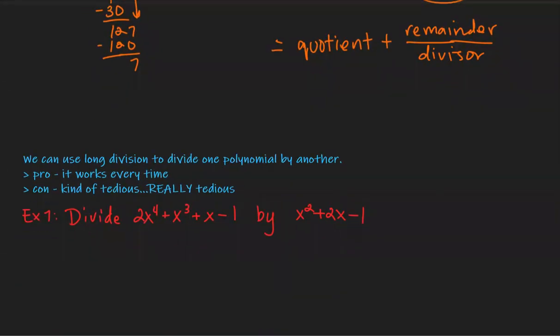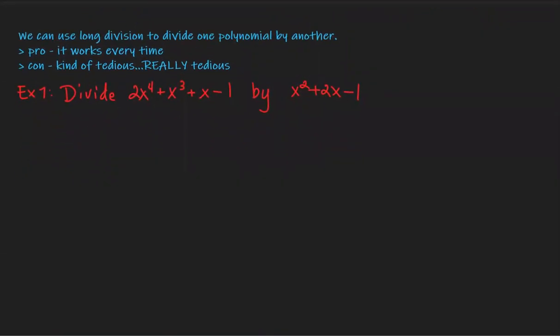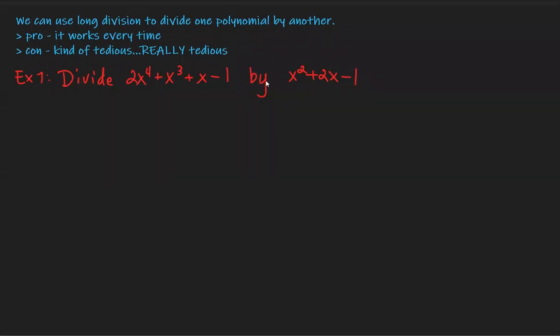Actually, before we do the example, to preface this, we're going to discuss pros and cons of this long division versus tomorrow's, or our next lesson in 5.5b, the synthetic division, okay? So right off the bat, a pro, a positive thing about polynomial long division is that it works every time.